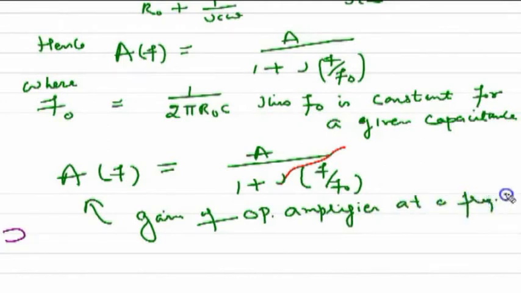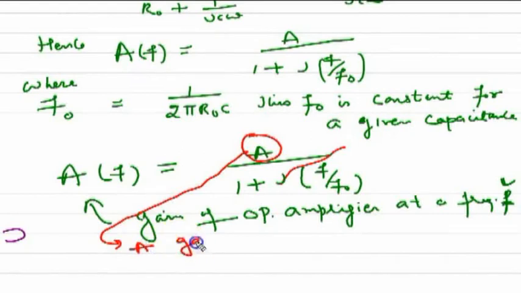And on the right hand side expression, the A which is in the numerator is also the gain of the operational amplifier, but this is without any frequency, meaning when DC is applied, or you can say when the frequency is equal to 0, then the gain of the operational amplifier is A.